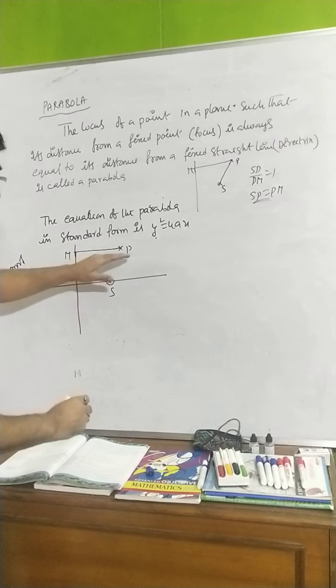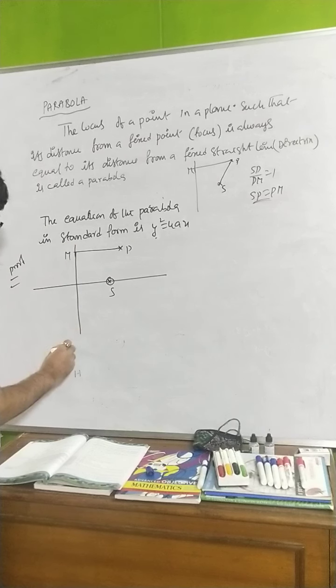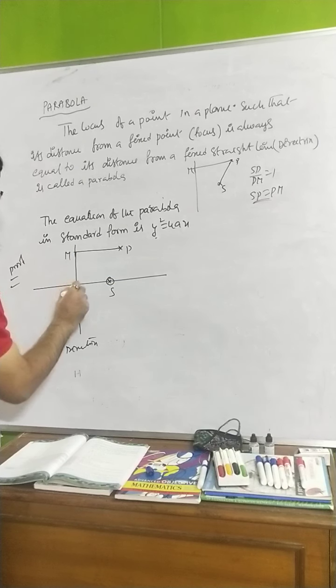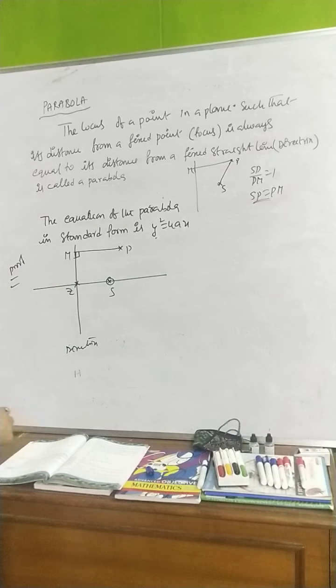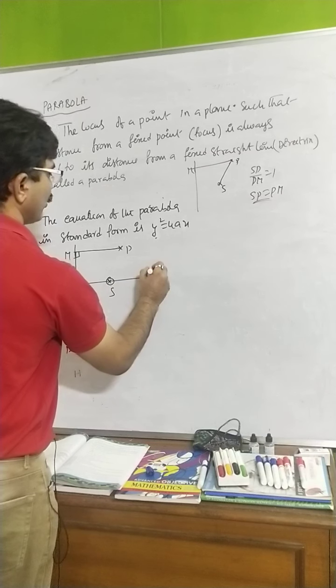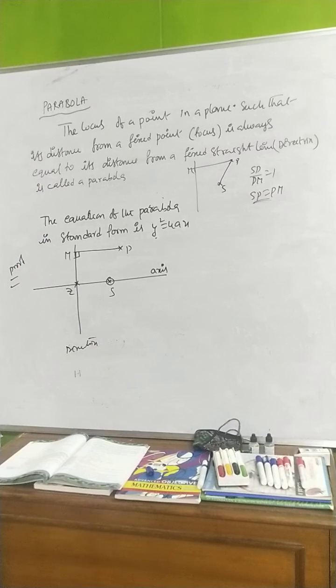Draw the projections of P and S on this fixed line, called the directrix. This one is Z, and this one we indicate with M. If you draw a line perpendicular to the directrix that passes through the focus, you can call it the axis of the parabola.